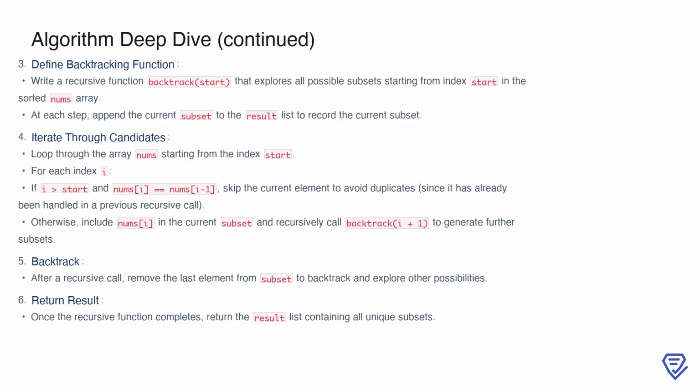If the current element is a duplicate of the previous one and not the first element at this position, we skip it to prevent redundancy. Otherwise, we include the current element in the subset and recursively call the function to explore further combinations. After exploring a path, we remove the last element from the subset to backtrack and try other possibilities. Once all recursive calls are complete, the result list contains all unique subsets.